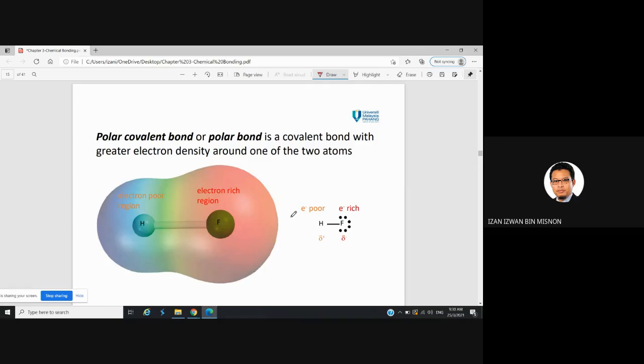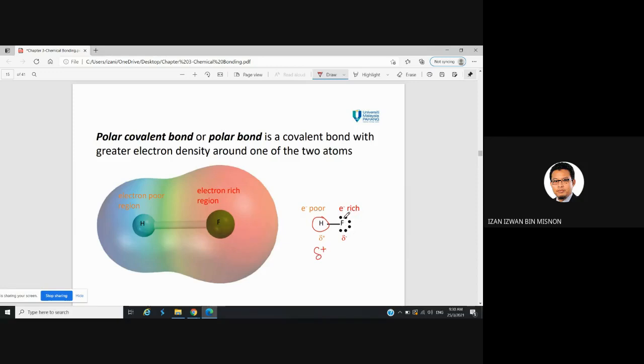So we have an example of HF here. We consider that hydrogen will be the electron poor region since there is no additional electron in the hydrogen bond. So we can put it as electron poor region, or delta positive.